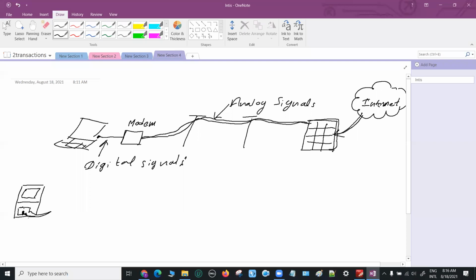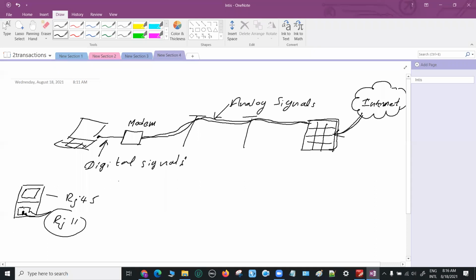Nowadays we can't see this kind of port; we only have the RJ45 connection. But in earlier days we had the RJ11 port. This one is RJ45, and this one is RJ11, which we used in earlier days.